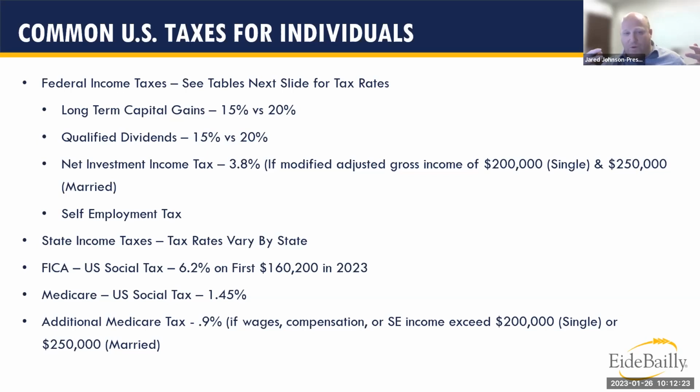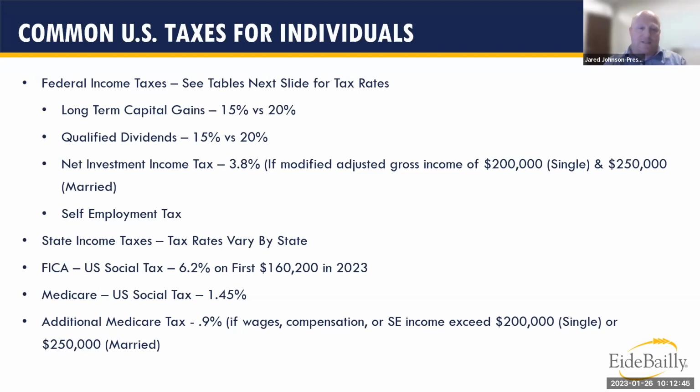Generally, the 20% rate applies when an individual hits the highest marginal tax bracket in the United States. So if you're in the highest marginal tax bracket, those long-term capital gain or qualified dividend rates jump from 15 up to 20.